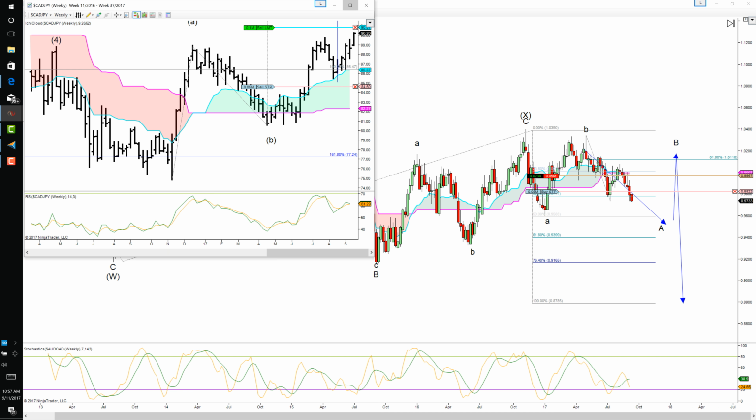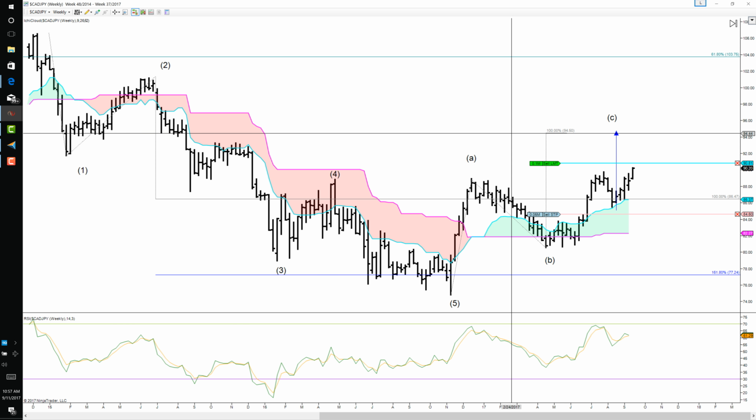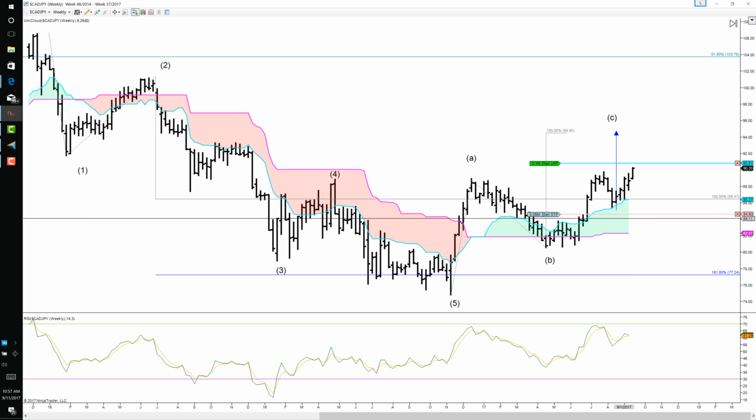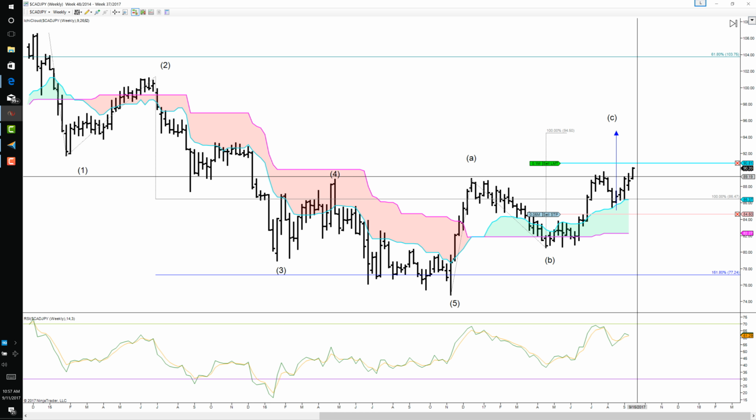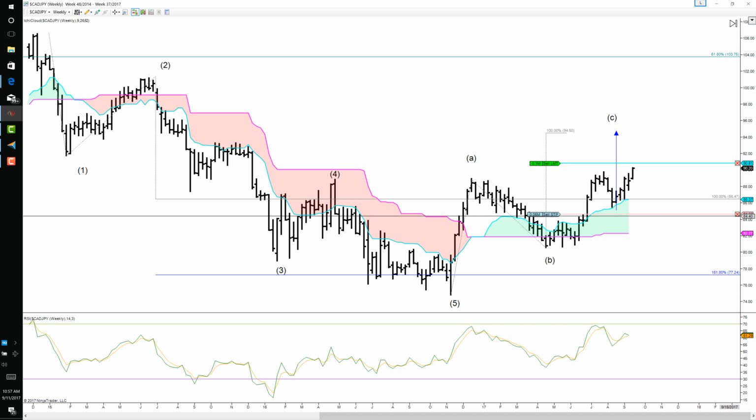I'm also looking to go short on the CAD yen, and as of right now, it is approaching my sell signal. It's been a few weeks, and I actually missed the opportunity to go long.